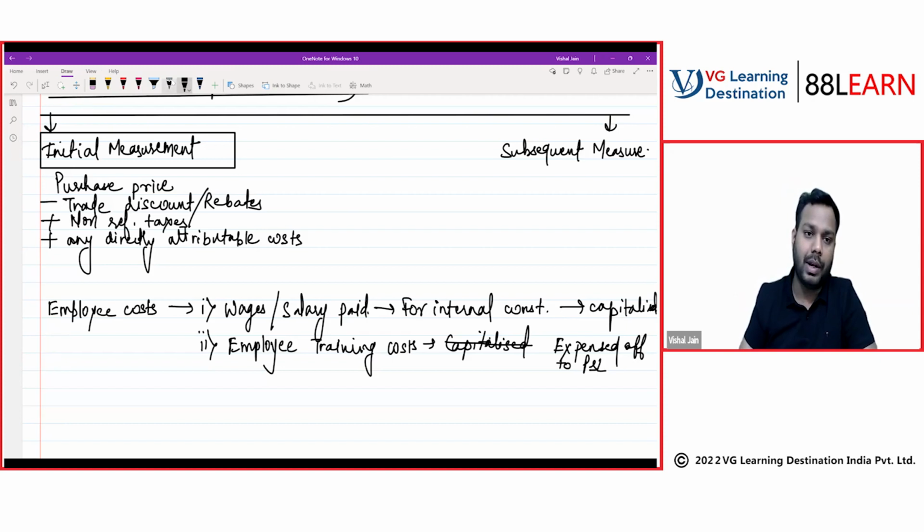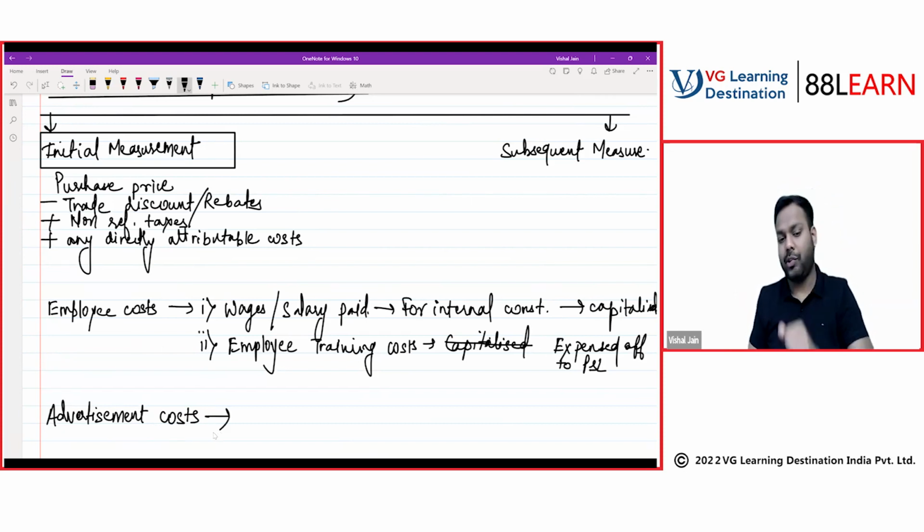Now, coming to the next point, advertisement costs. Apply the same logic we analyzed for employee costs and tell me, will we capitalize advertisement costs?